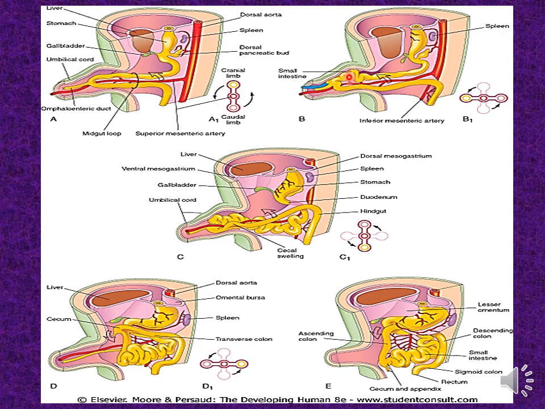Here you can see the small intestine, or the looping of this part during rotation, and here you can see the extension of this part outside the abdominal cavity through the umbilical cord. Then retraction occurs and they retreat backward inside the abdominal cavity. They continue to elongate during all this process. Then they settle down in their final position.